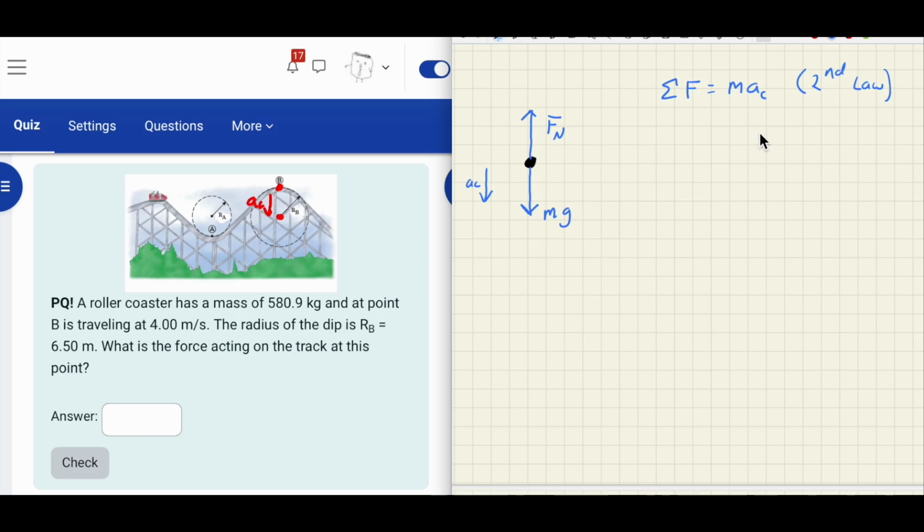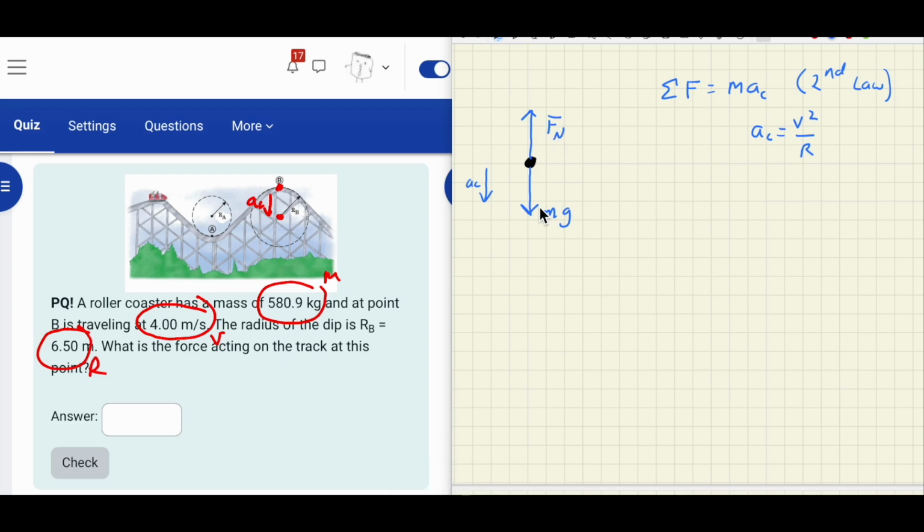If you look at the AP equation sheet, you'll see that the equation for the centripetal acceleration is the velocity squared divided by the radius of the motion. If we take a look over here, they give us both the velocity and the radius. So we have both r and v, and we also have the mass.